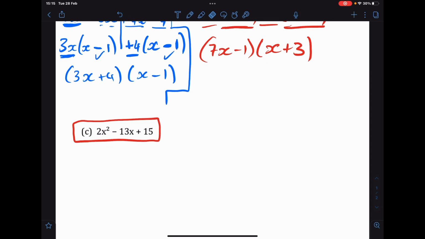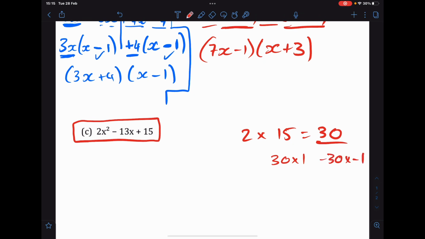So the first step, you have to do 2 multiplied by positive 15 gives us 30. Now write down everything that makes 30. So 30 times 1. Also minus 30 times minus 1, because 2 negatives make a positive. 6 times 5, or minus 6 times minus 5. 15 times 2, or minus 15 times minus 2.